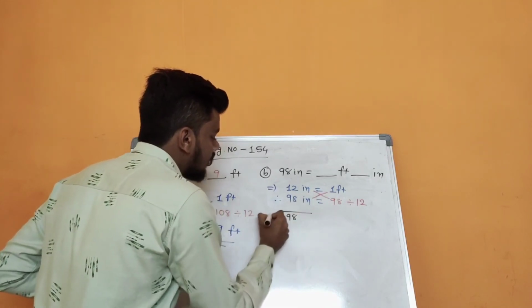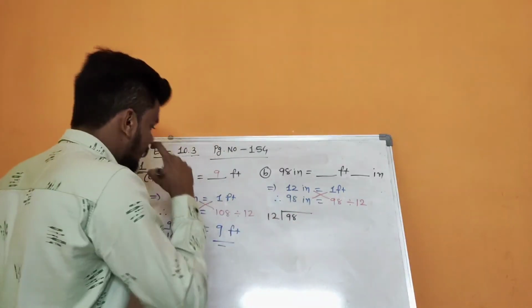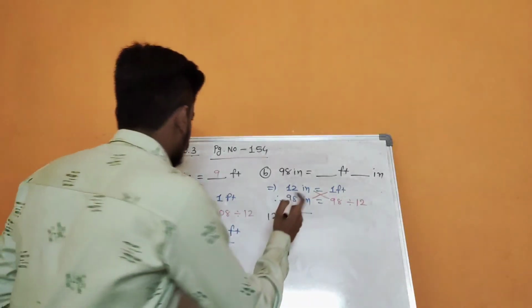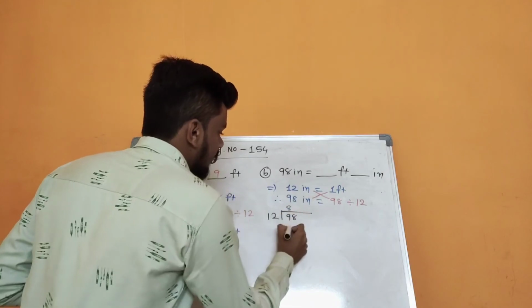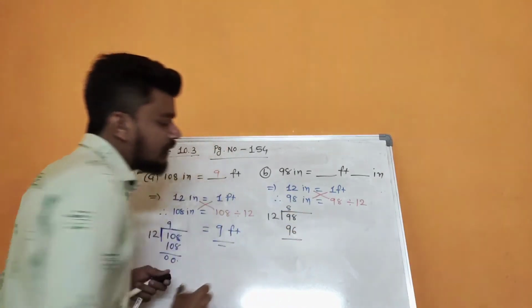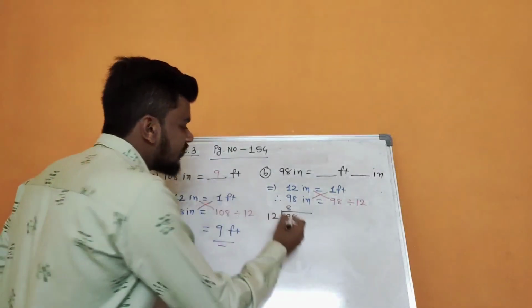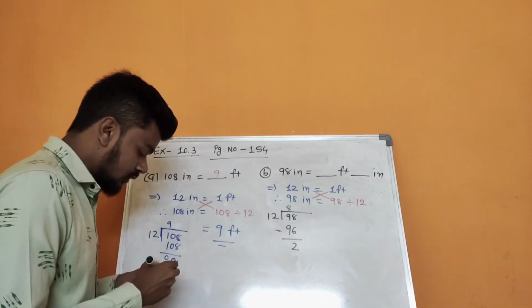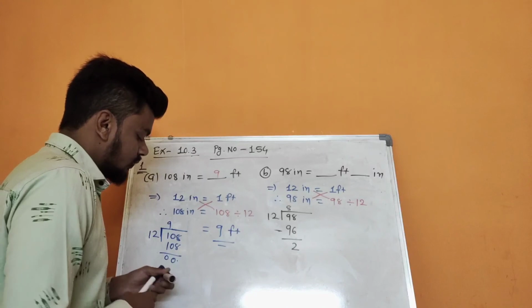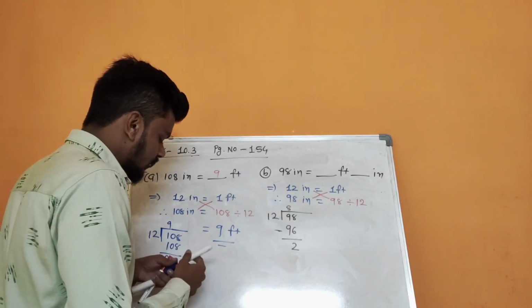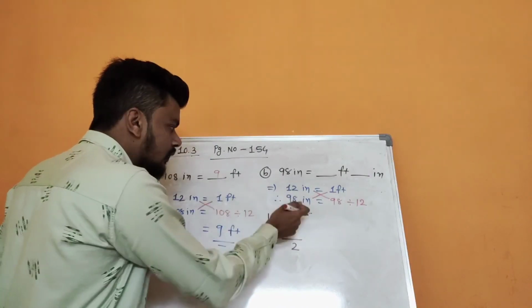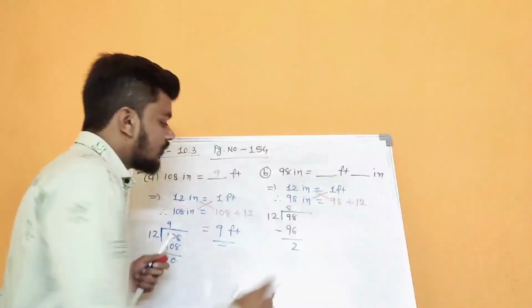So 98 divided by 12. We know that 12 eights are 96, right? So over here we remain with 2. Now we got the quotient and also the remainder.